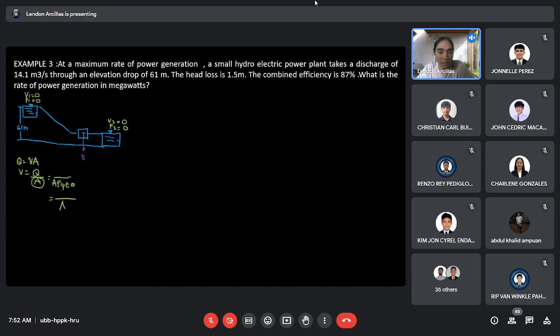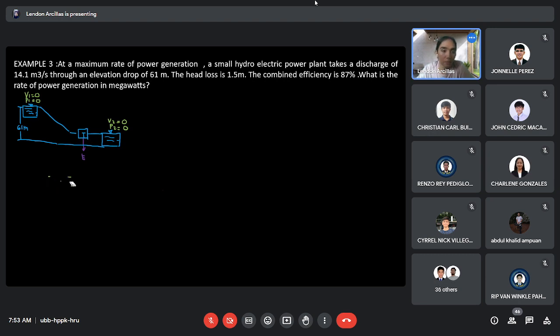Pag yung area na sinasabi natin is bodies of water, mas malaki yan, di ba? Habang lumalaki tong area na to, the value of our velocity is liliit, is lesser. So it is considered that the velocity at an open, wide, or bodies of water will become zero. Okay? So area is inversely proportional to the value of the velocity. Kaya yung velocity pag ang bodies of water yung source ng energy flow magiging zero. Yun yung explanation niya.